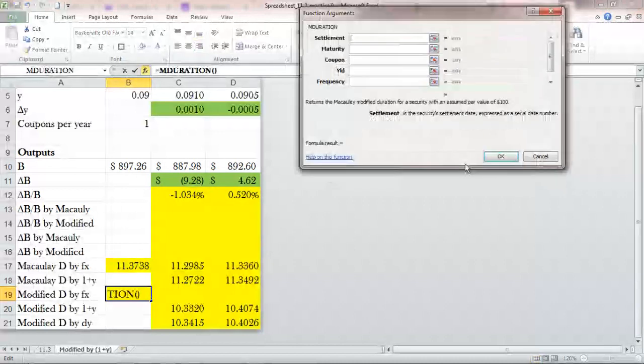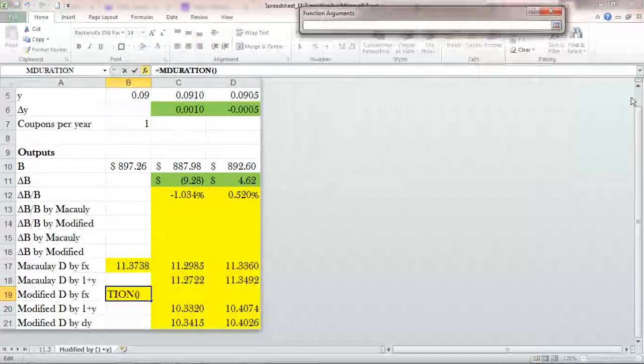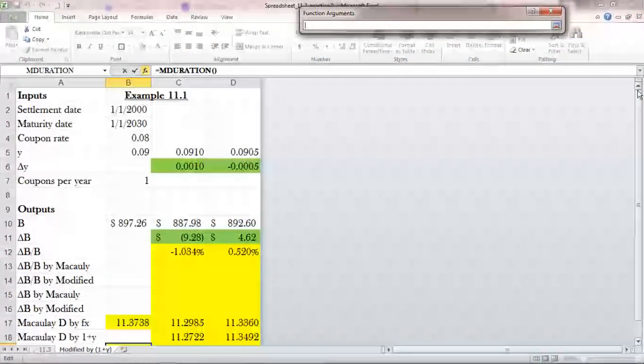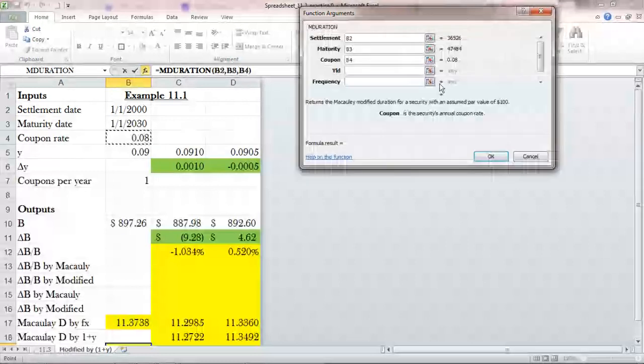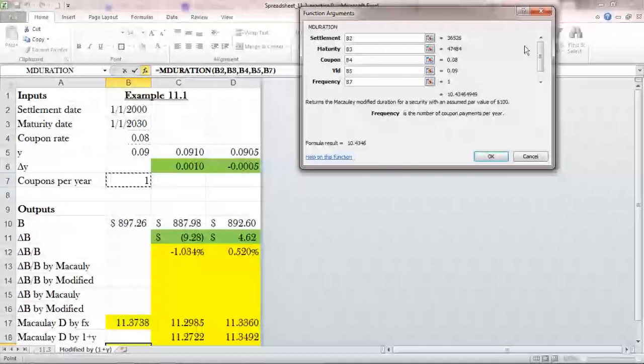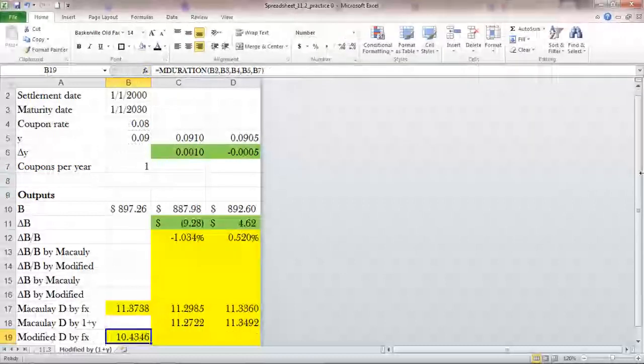Give it what it's asking for. Settlement date, maturity date, coupon rate, yield, compounding frequency, 1 a year. And then I'm gonna hit OK, and this is what I got.